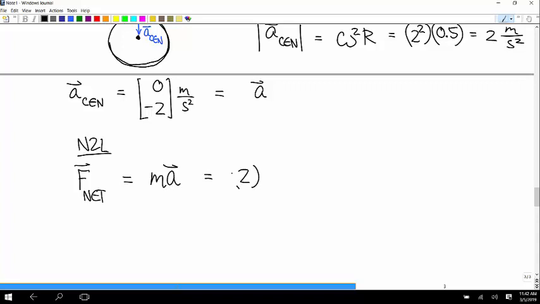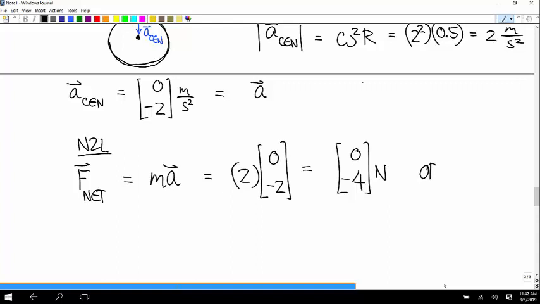So 2 kilograms times an acceleration vector of 0, -2. And so you get a net force of 0, -4 newtons. Or you could think of it as 4 newtons in that direction.